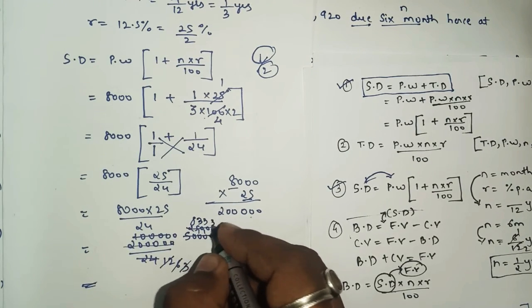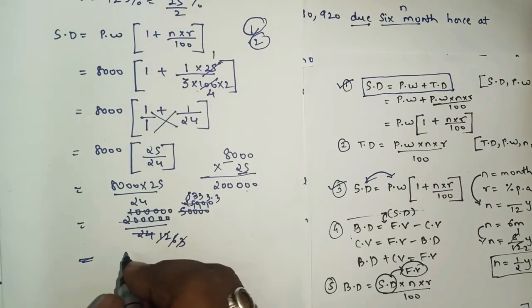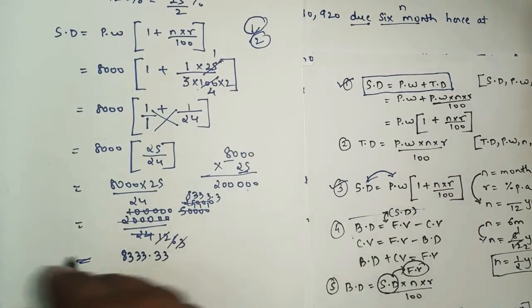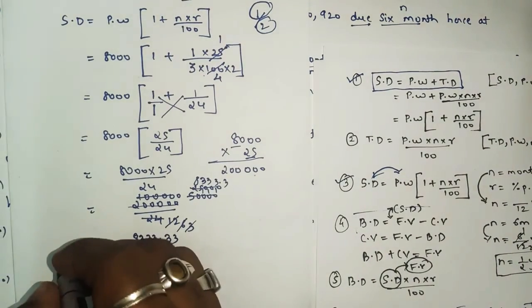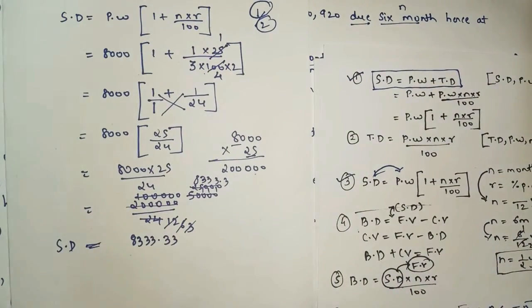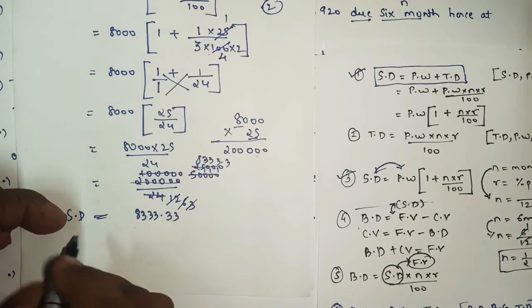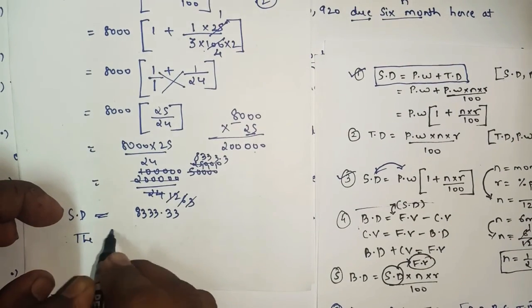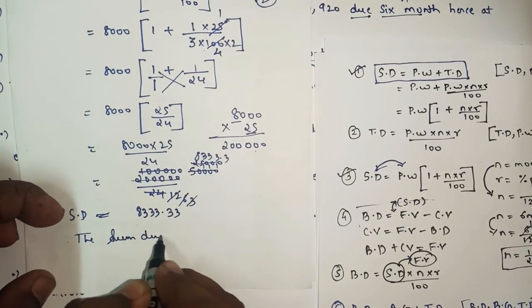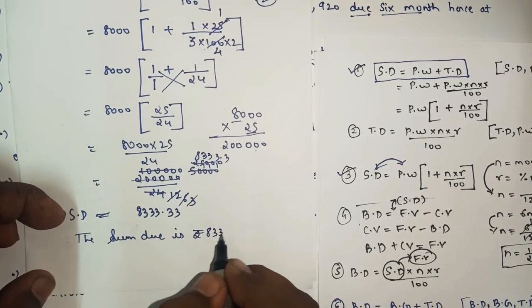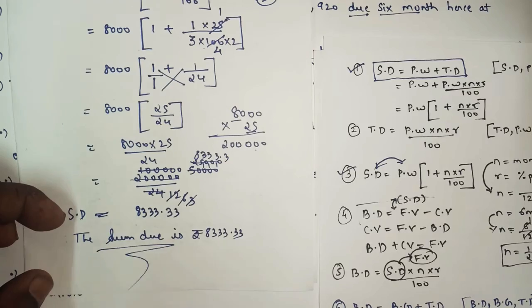So here the answer you will get is what? 8333.33 recurring goes on. So we can stop our answer. So here we got the answer for SD as 8,333.33 rupees. So in the final step you can write that the sum due is rupees 8,333.33. So in this way you have to present your sum.